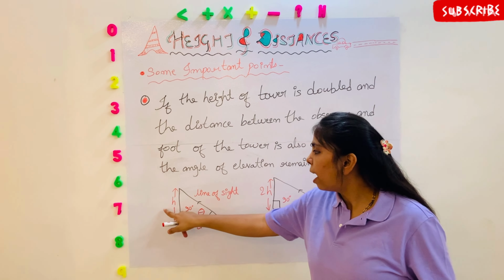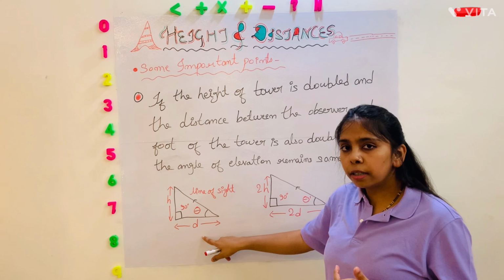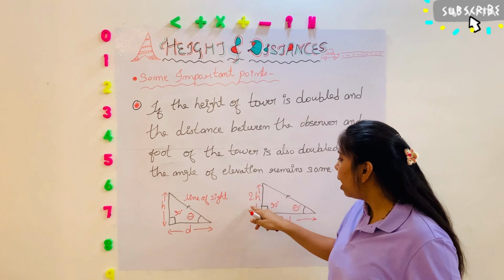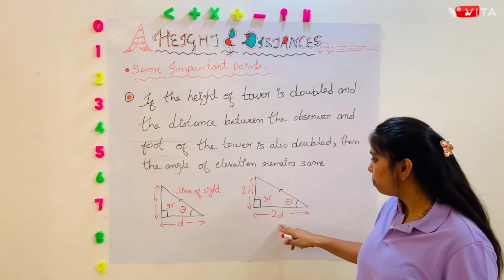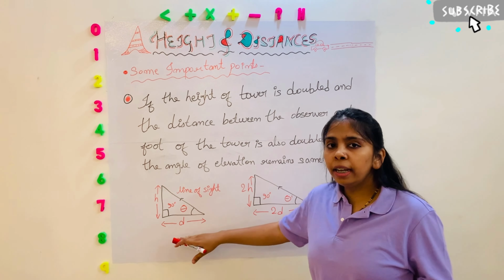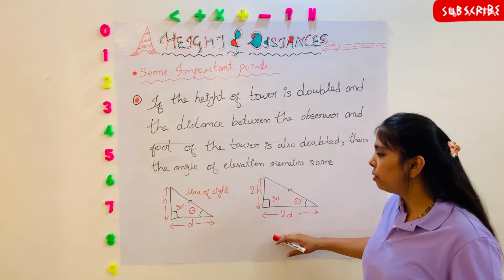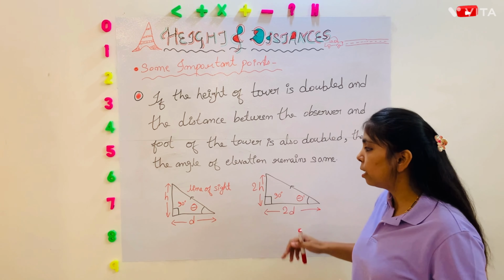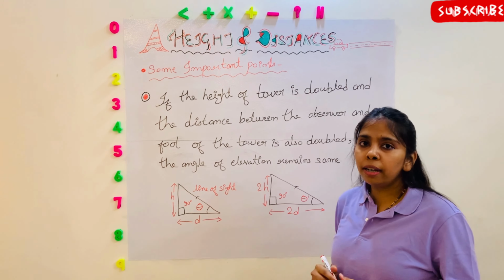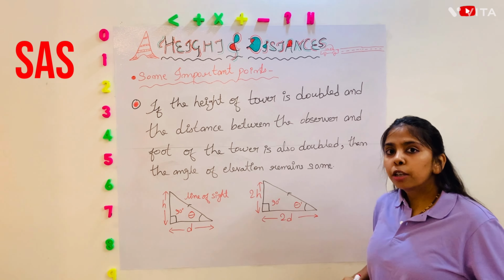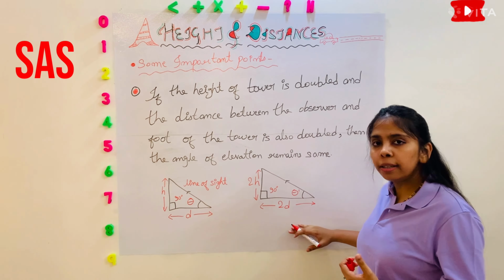In this triangle, the height is h and the distance is d. When we double the height and the distance, the height is 2h and the distance is 2d. And the angle at the ground is the same in both triangles, that is 90 degree and 90 degree, because from the Earth's surface it always makes an angle of 90 degree. So by the SAS property, both triangles are similar.